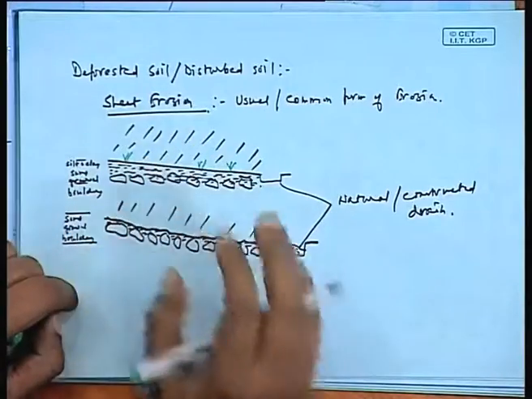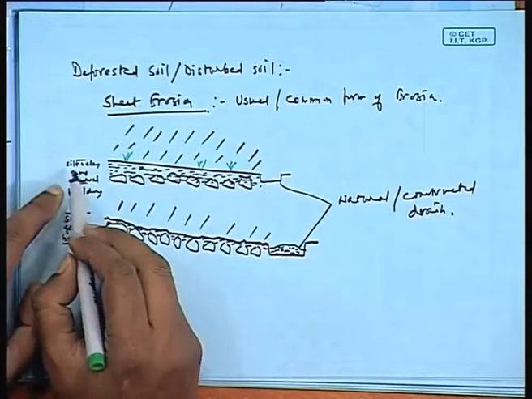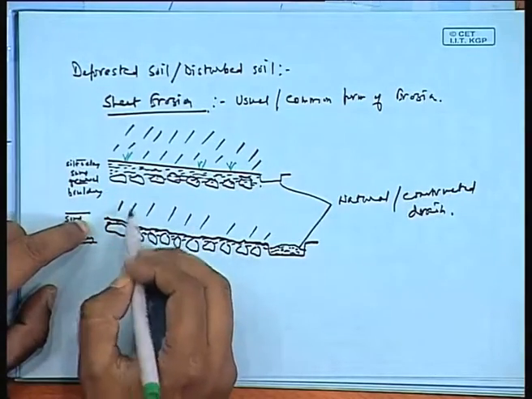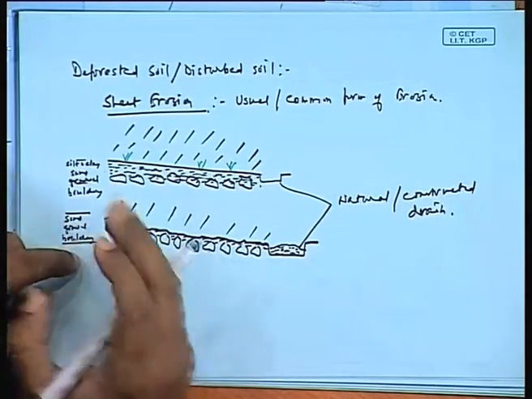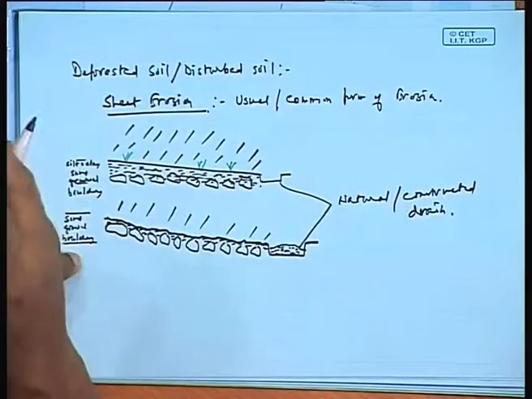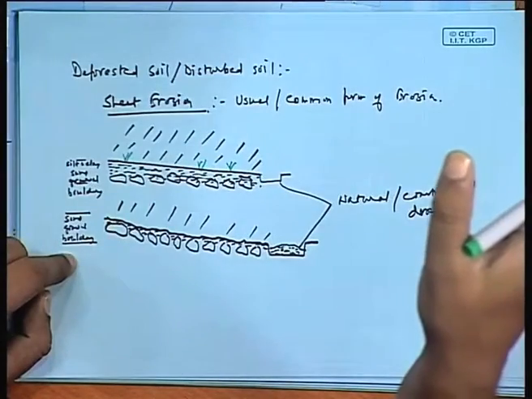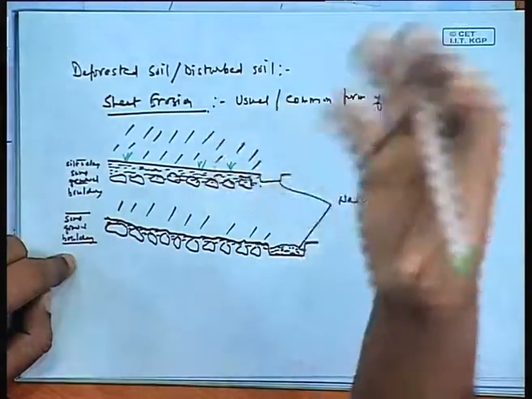So ideally what is happening is that all the fine particles in the soil, with the force of the rainwater, wash away from the surface and move towards a natural drain or a constructed drain.